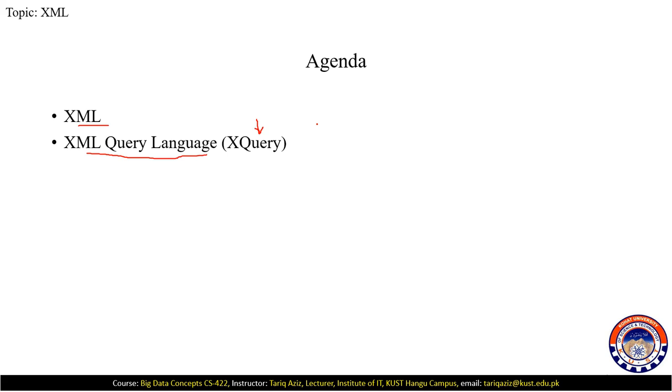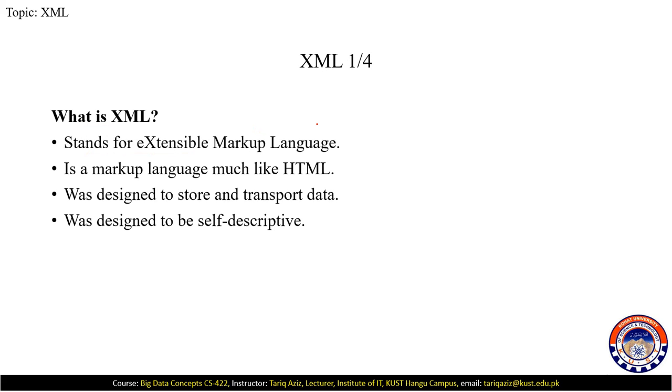Okay, so now move on to the first topic, which is the introduction of XML. What is XML? Dear students, I hope that you are familiar with the term, but if not, not a problem. We will introduce XML here. It's an extensible markup language, and the short name is XML.